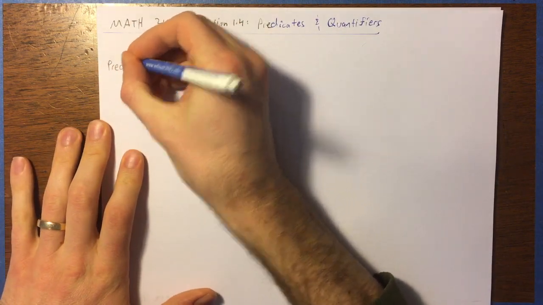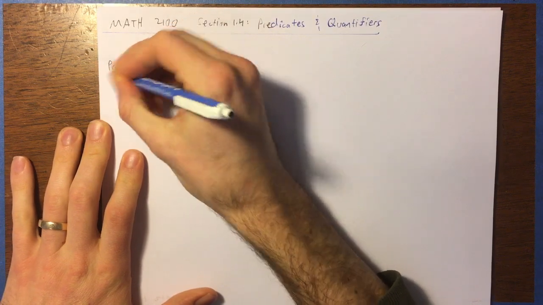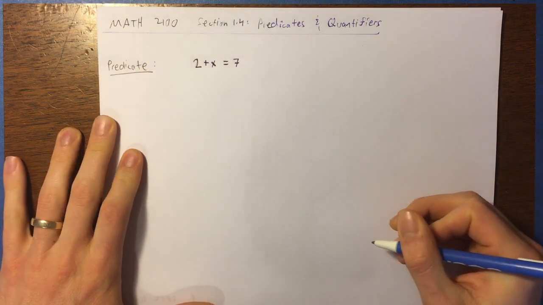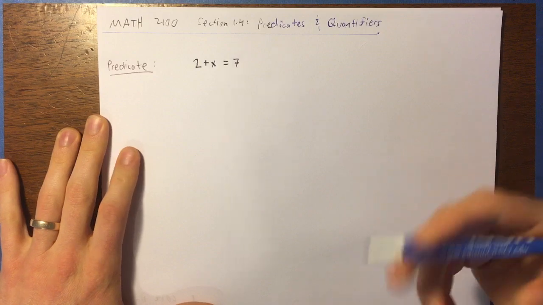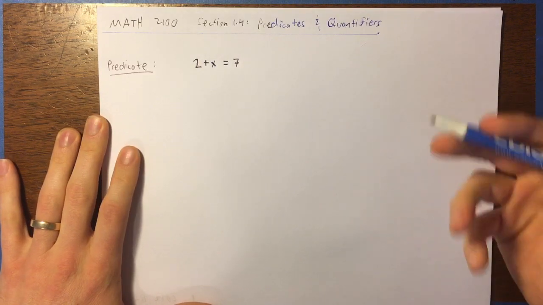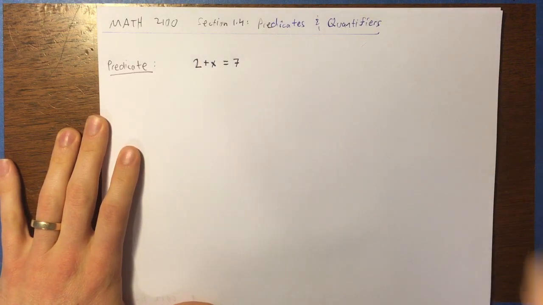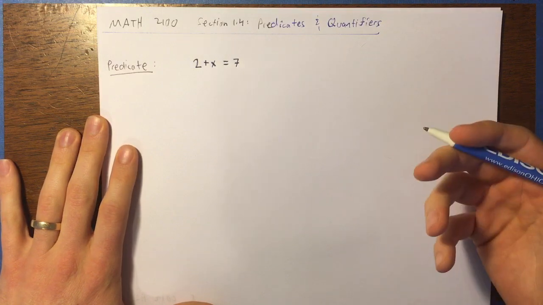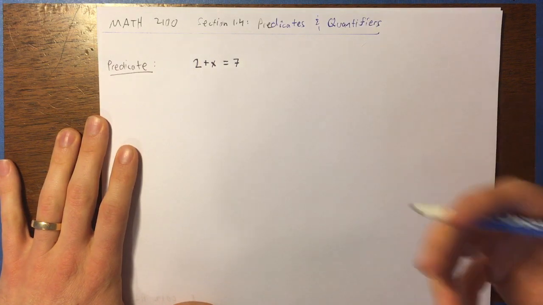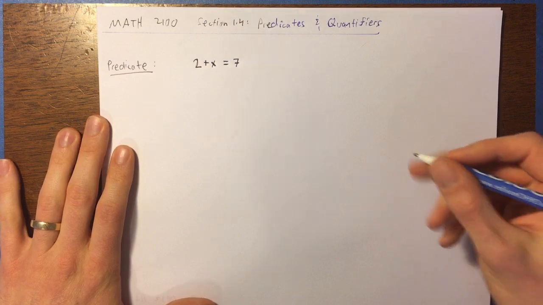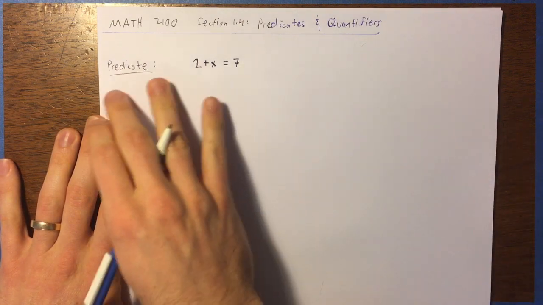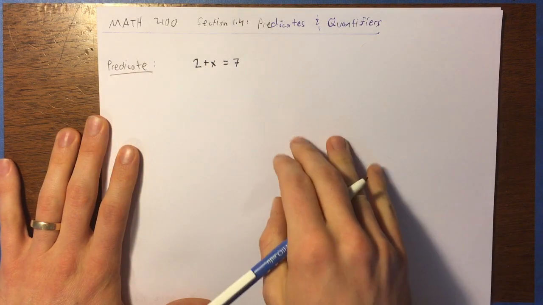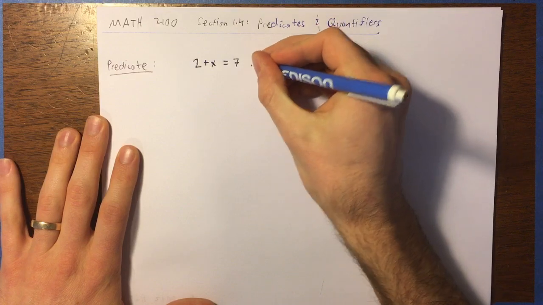A predicate is essentially a statement like this that depends on the value of a variable. And if you were to specify the value of that variable, then it would become a proposition, which could be considered true or false. So another way to turn a predicate into a proposition is to quantify that variable.